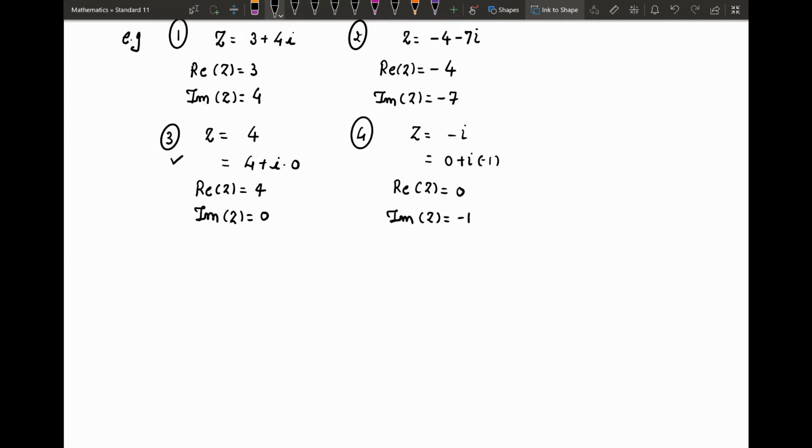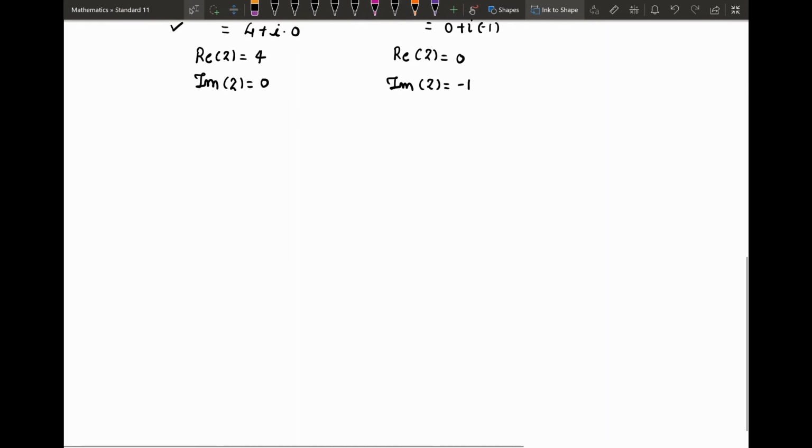So any number of the form z equal to x plus iy is called a complex number, x is called the real part of z, and y is called the imaginary part of z.